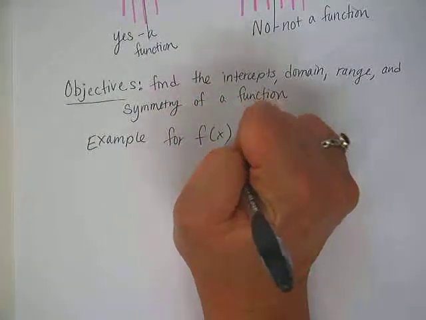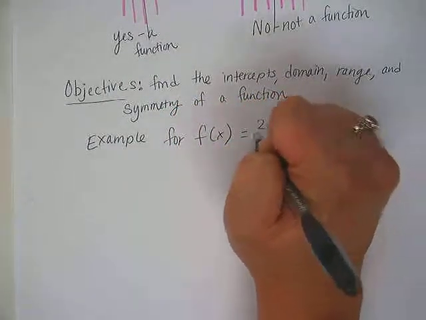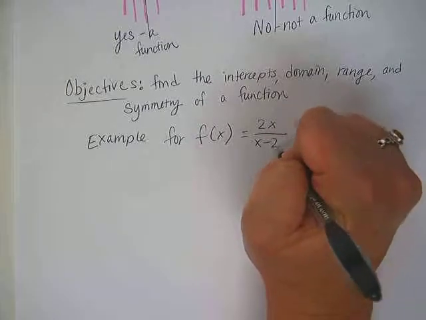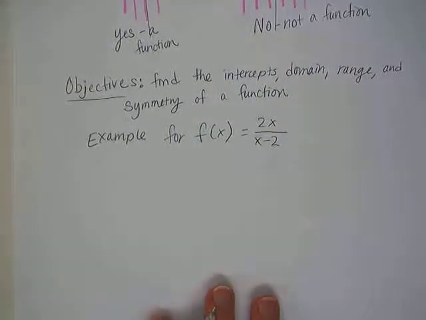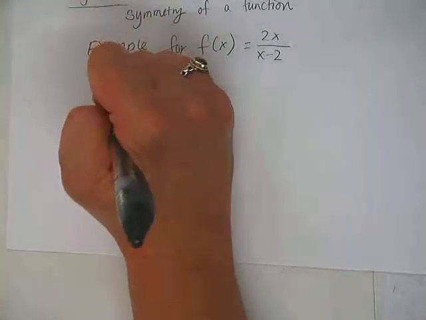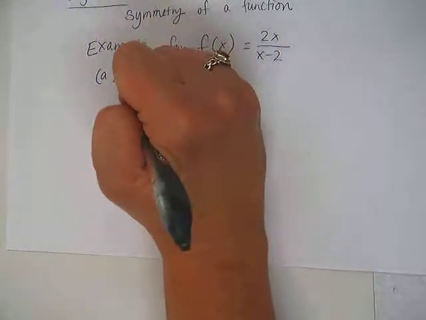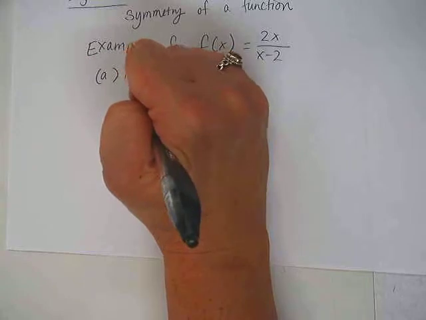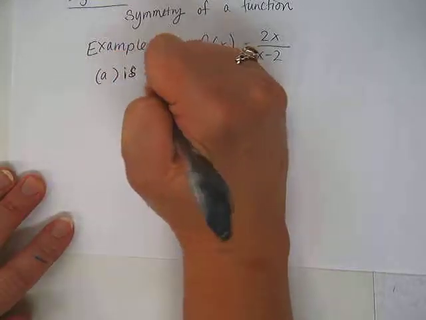Let's do this problem. For f of x equals 2x over x minus 2, we're going to answer a bunch of questions. First one.